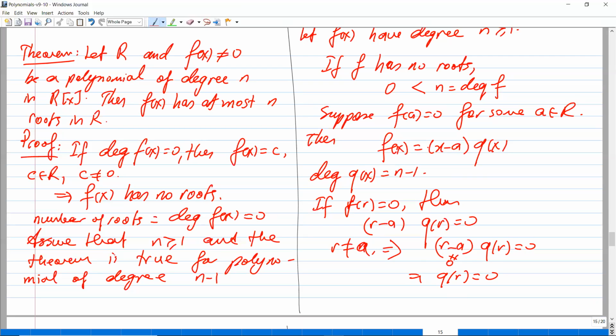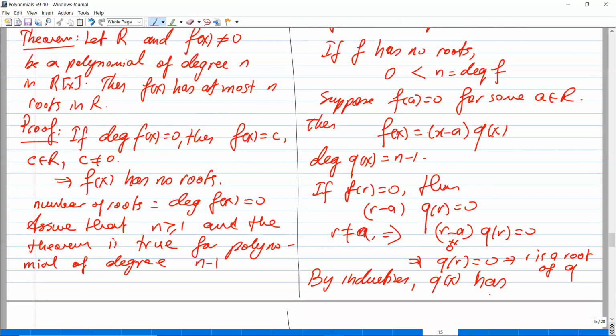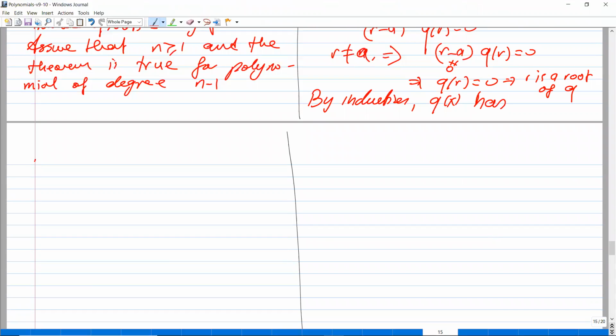But q of x has at most n minus 1 roots by induction. When we include this a among these roots, we have at most n roots of f.